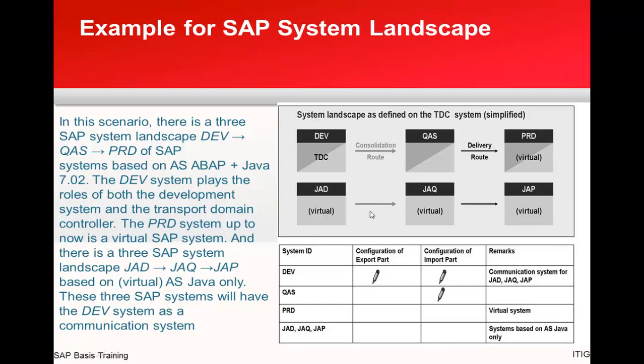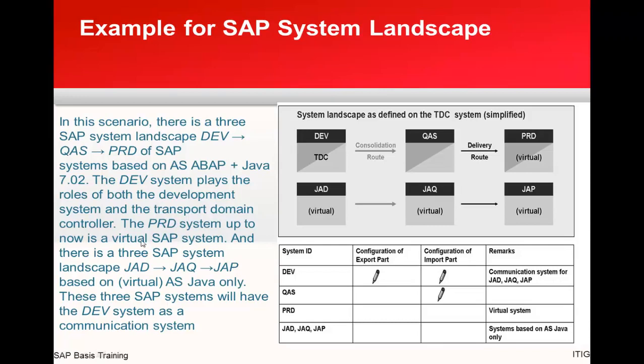Now in this scenario you can see that this is a simplified landscape. You have your dev system, QA system, production system. You have your Java systems. In this scenario there are three system landscape. The dev system plays the role of development system and transport domain controller.